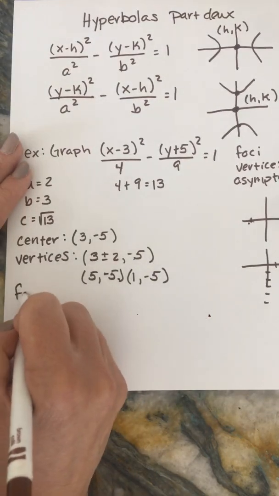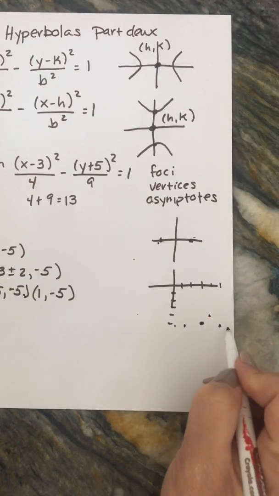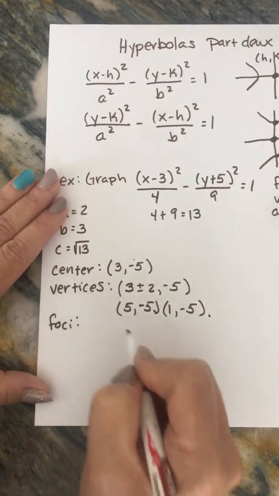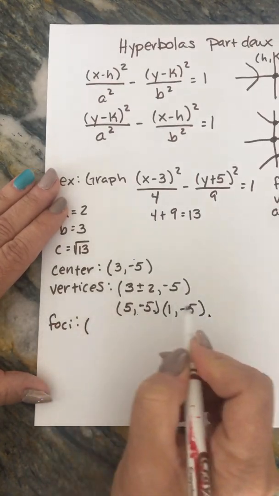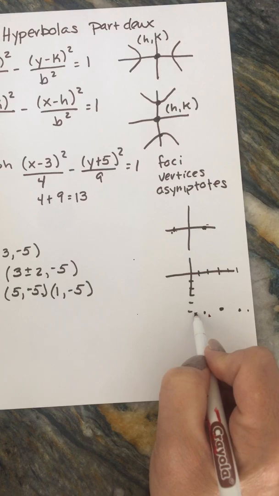Our foci, let's talk foci now. Again, the y coordinate will be the same for the foci because the foci are in line with the vertices. It's just the x coordinates that will change in this case. So my center is at 3, and in order to get out to the foci, I go a distance of c units.